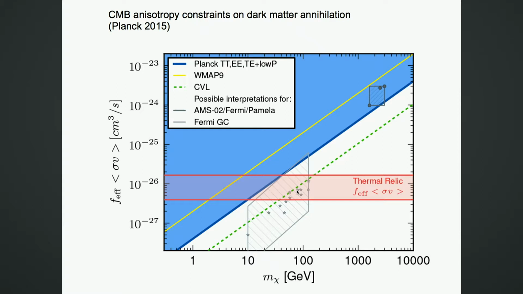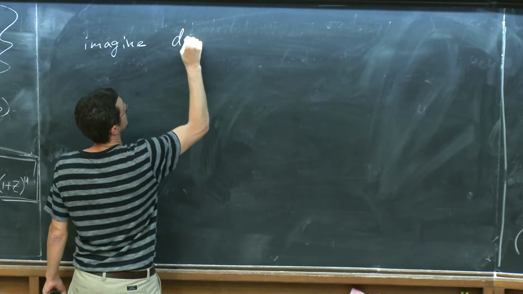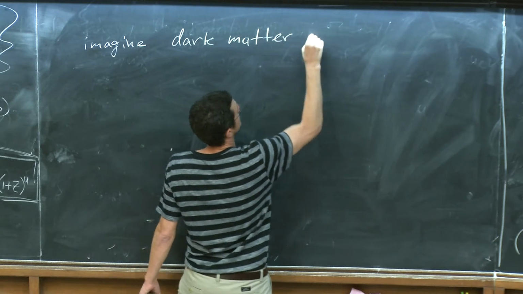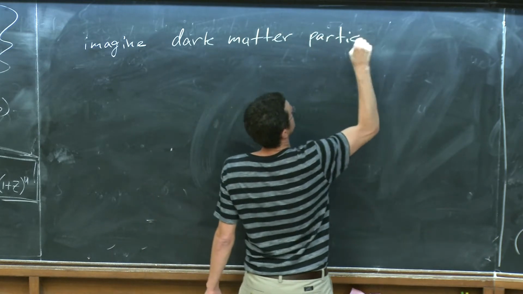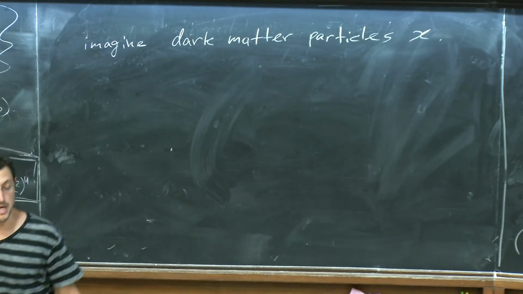Okay? So let's imagine dark matter particles, let's call them chi, massive.